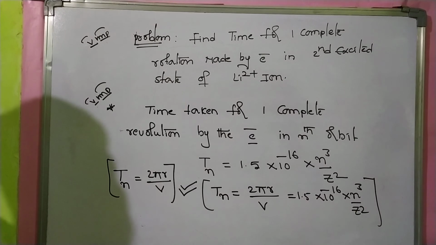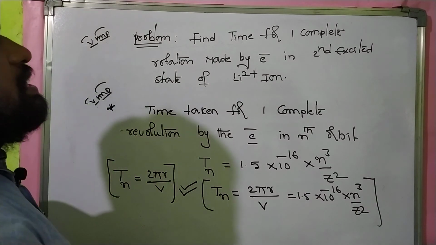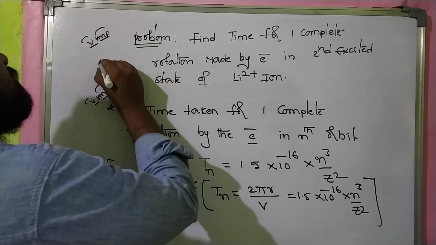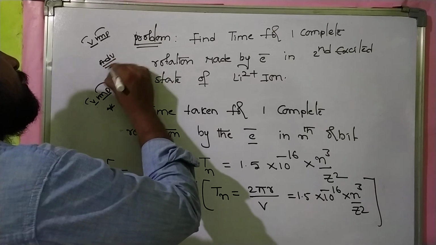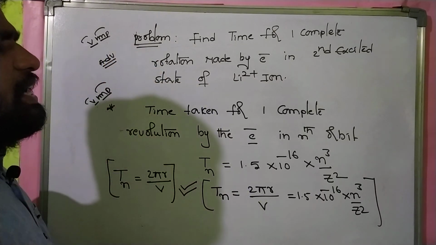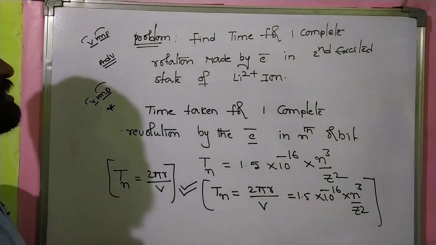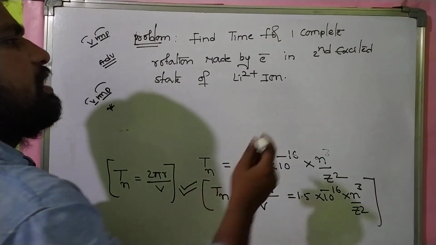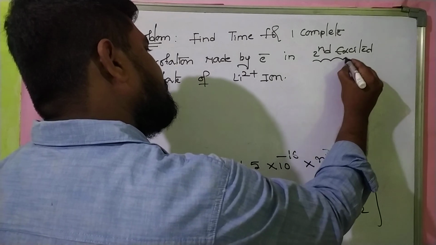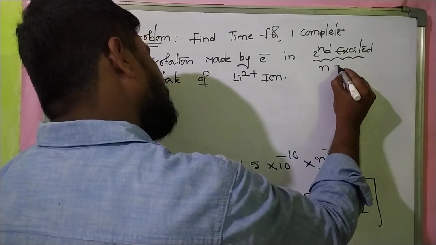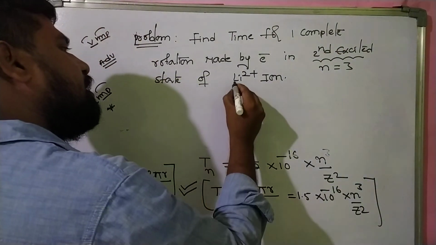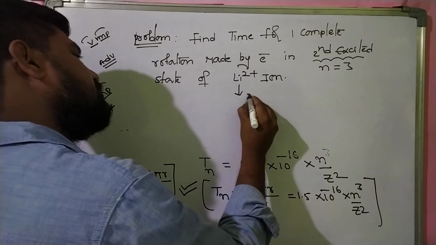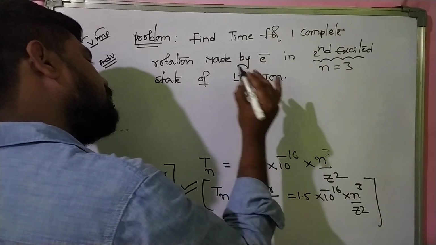A wonderful problem, very important for advanced level, mains or NEET. Very easy. Second excited state is given, means n equal to 3, and lithium 2 plus means Z equal to 3.